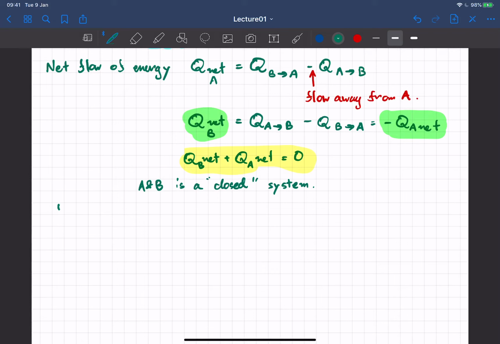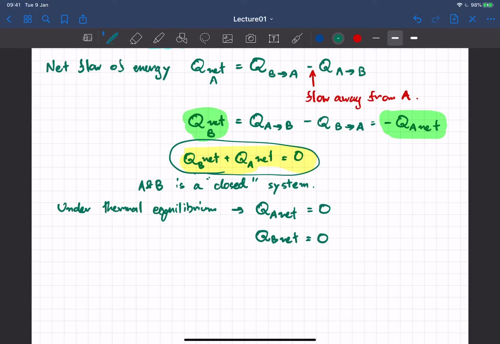So under what we call thermal equilibrium, Q_A net equal to 0 and Q_B net also equal to 0. Okay, and if this is the case, then this equation is automatically satisfied.